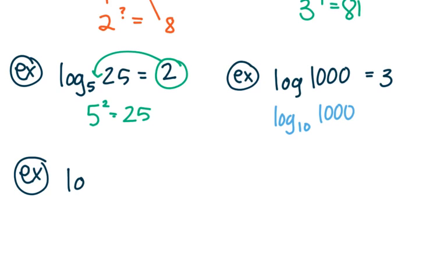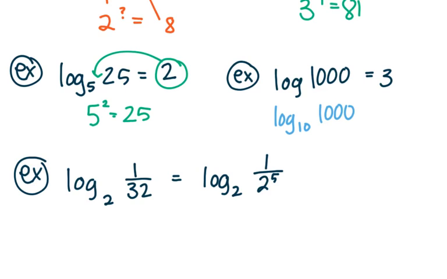Let's see. Log base 2 of 1 over 32. Another way we might think about this is to recognize that 32 is a power of 2. 32 is 2 to the 5th. So if I rewrite this, it is the same as log base 2 of 1 over 2 to the 5th.